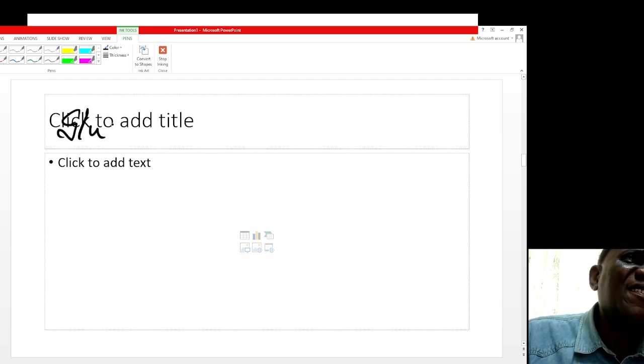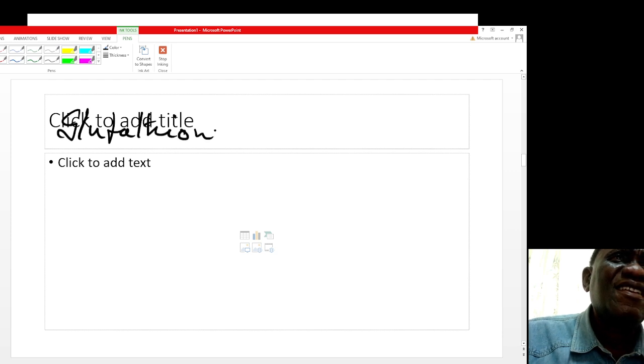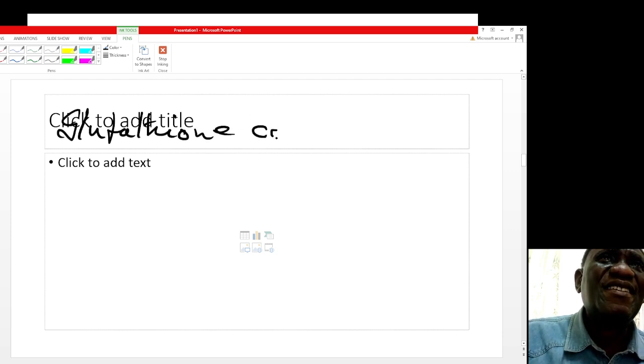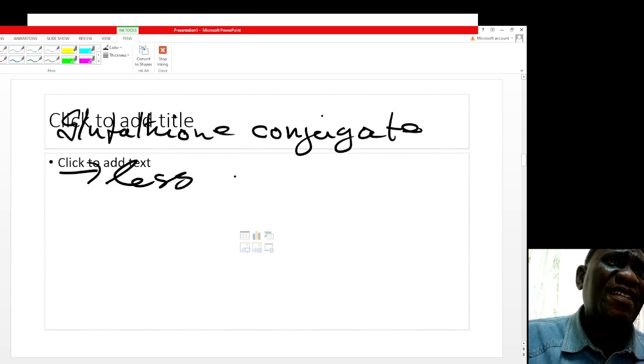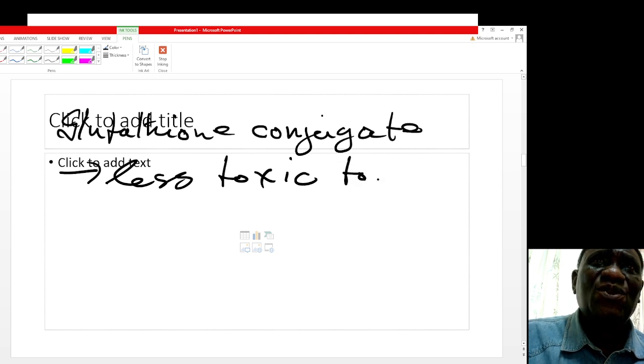Glutathione conjugate. This is less toxic to the plant.